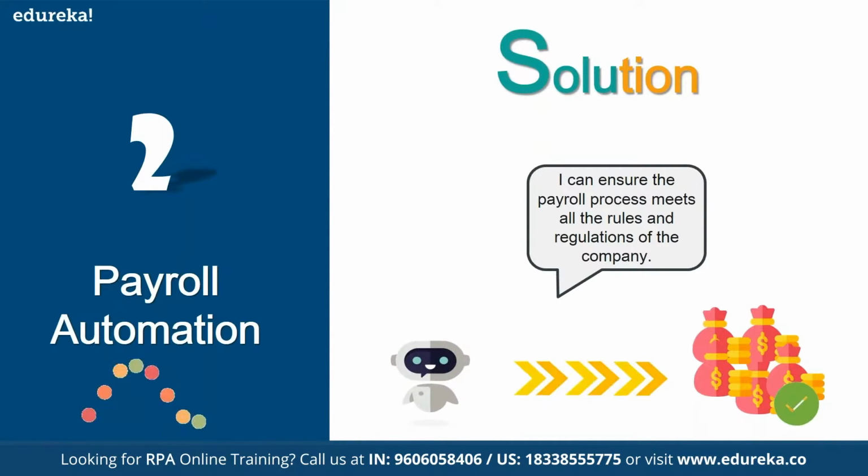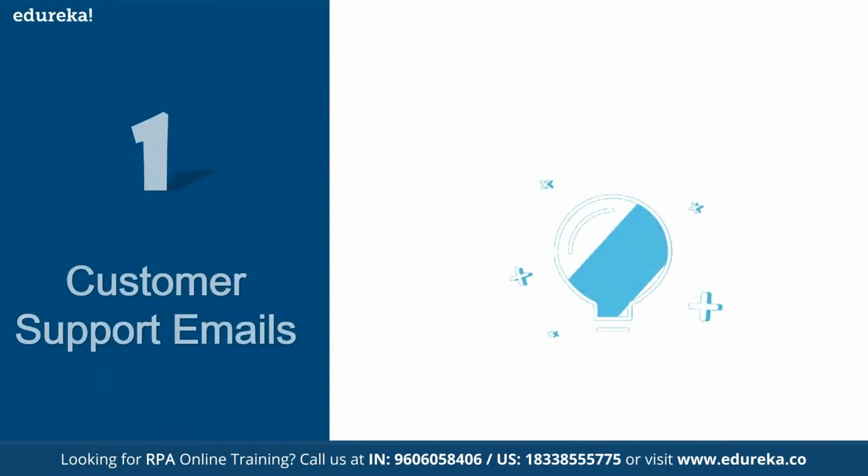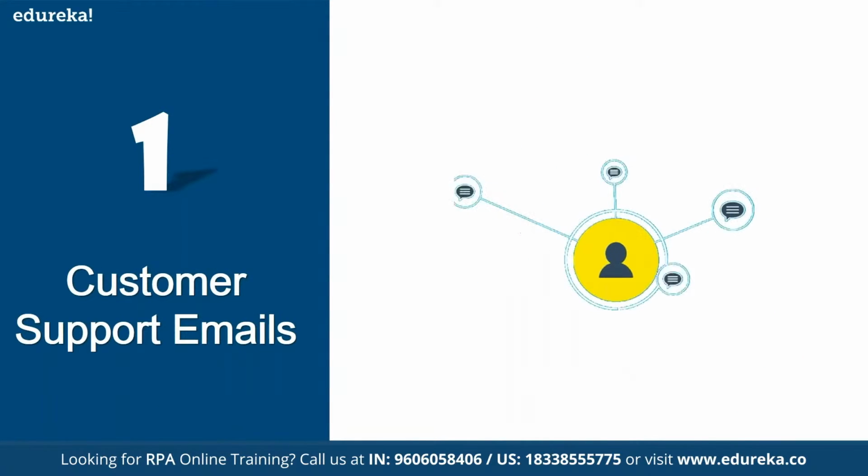This will not happen, right? You will exactly get whatever you are promised. How? That is taken care of by so many rules in the payroll, and those rules and payroll processes, everything can be taken care of by your automation. So you can use automation in payroll processing also.